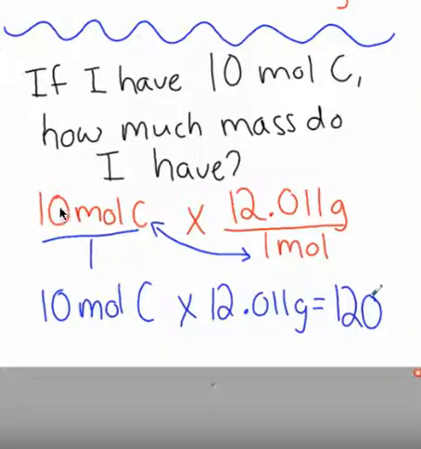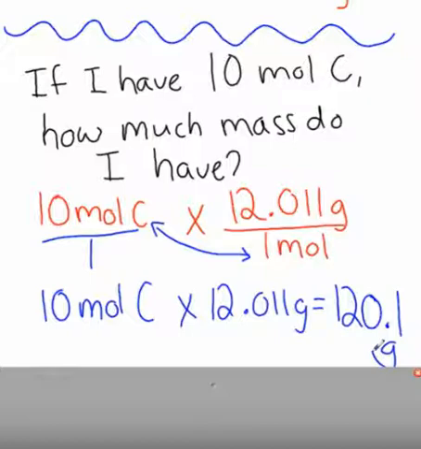And then you're left with 10 times 12.011 grams. Since grams is the only unit that's left in this equation, you crossed out the rest of them, you know that grams is your unit for that. 120.1 grams. Make sure you label your unit so you remember what you were talking about.